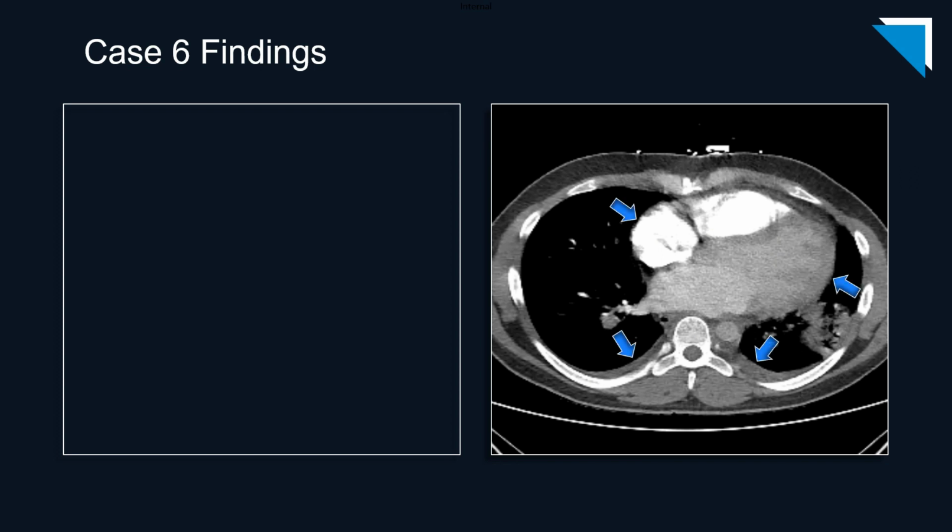The heart is enlarged and there are small pleural effusions. At least one pulmonary arterial filling defect can be seen in the right lower lobe. And there is wedge-shaped pleural-based consolidation in the left lower lobe, suggestive of pulmonary infarction.